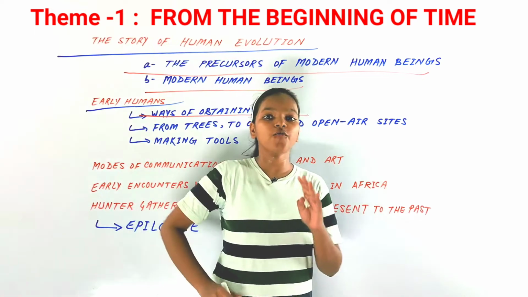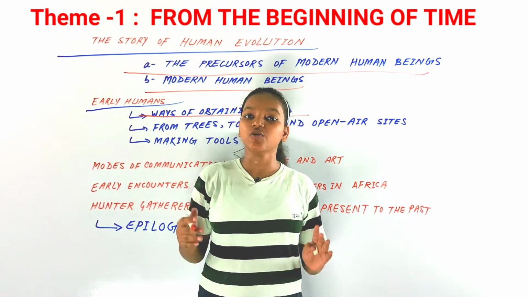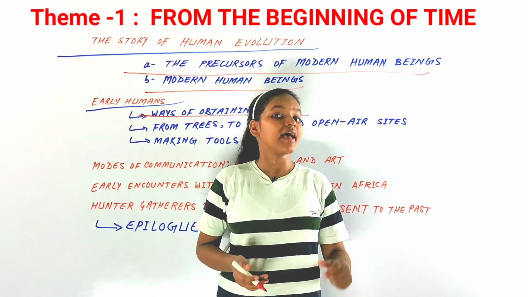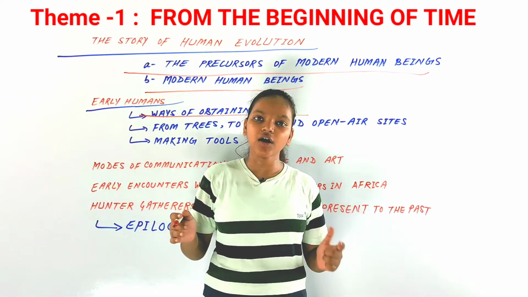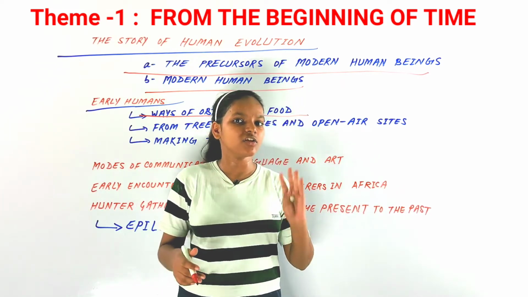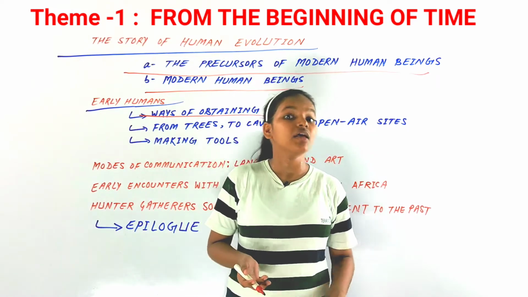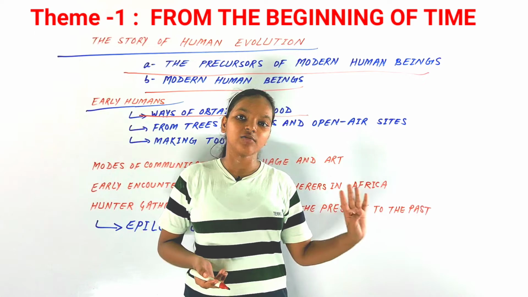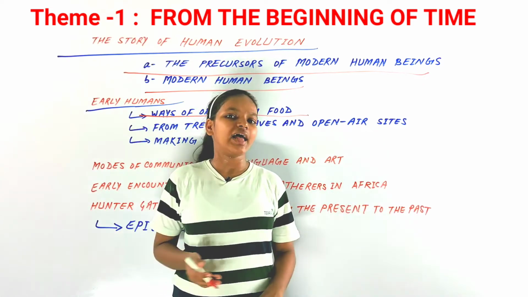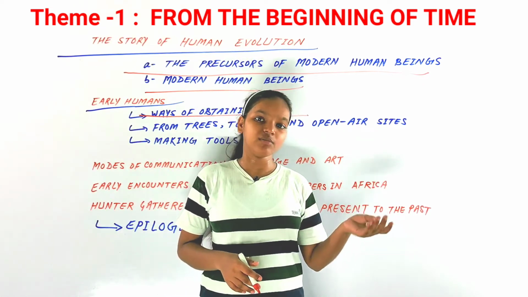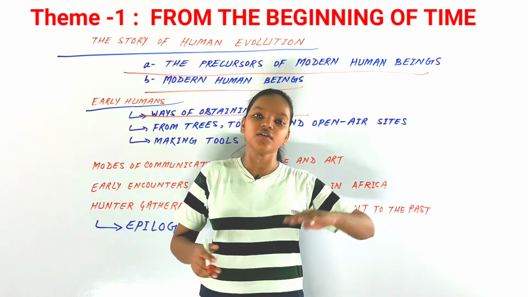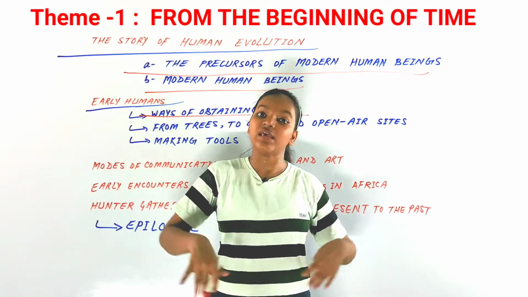Now let's talk about the early humans. Until now we have been talking just about skeletal remains, about their existence, like the genus Australopithecus and Homo, and about human history.